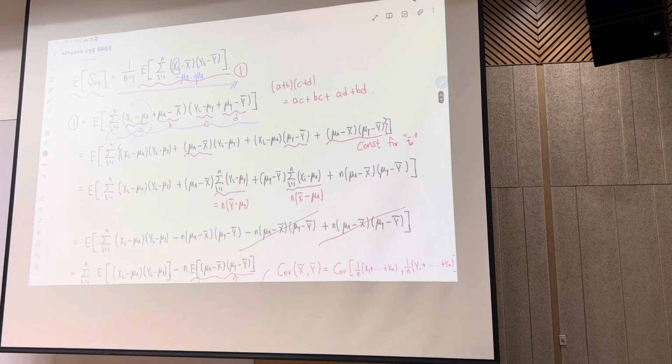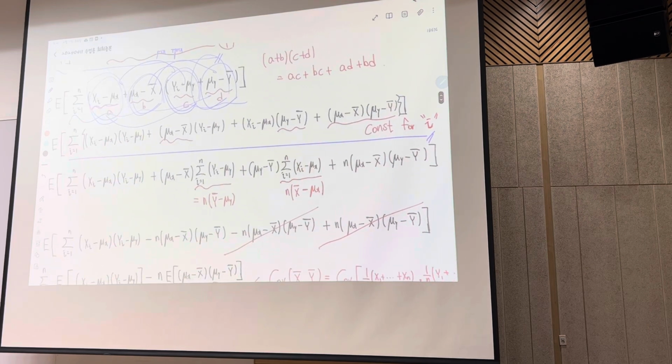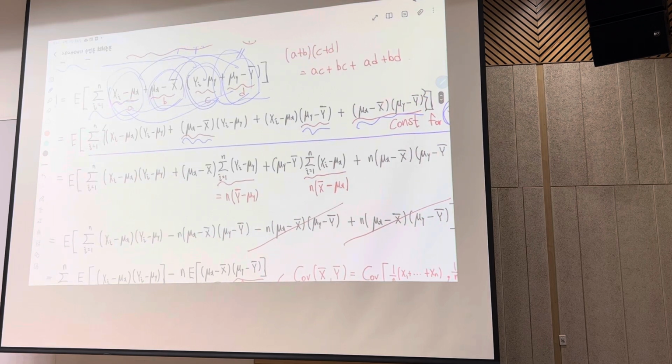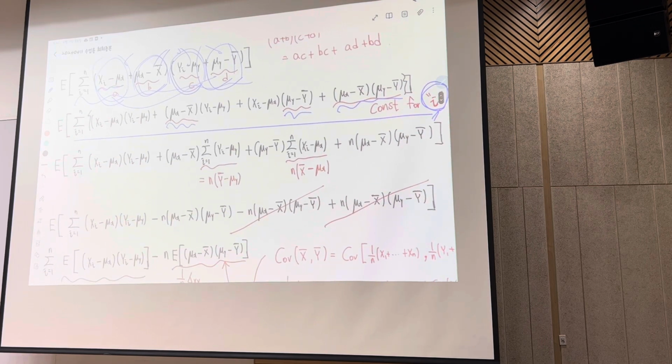Then this one multiply, this one multiply, this one multiply, this one multiply. Then we can get this term. And these red line terms are not related with index i. So they can be taken out from this sigma term. So separate the sigma term.